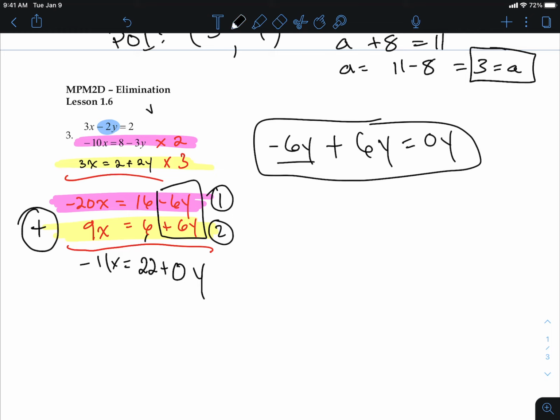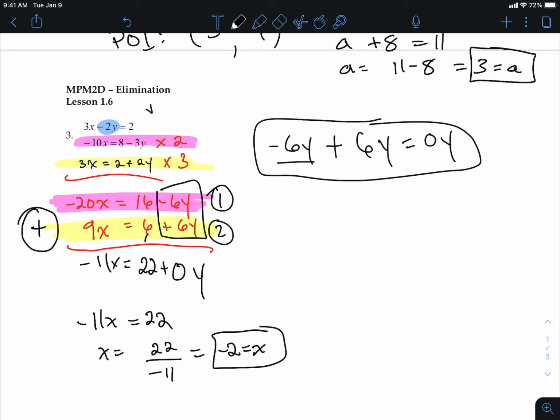Now you're left with negative 11x is equal to 22. x is equal to 22 divided by negative 11. Once you have that, it's the same as all the other questions we've done today. You plug it into one of the equations up top and solve.